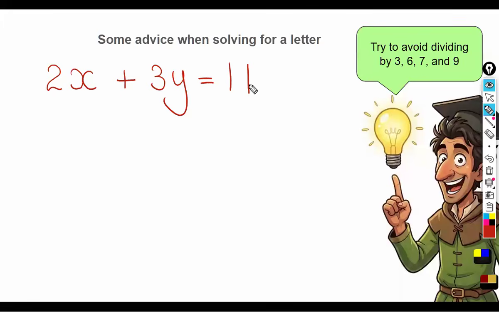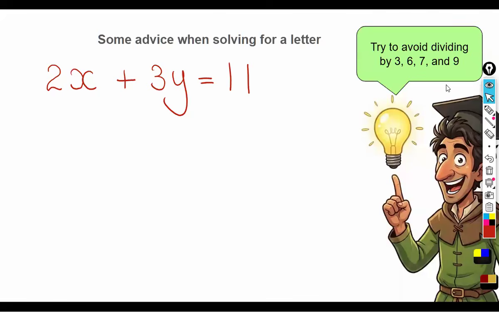It's just a simple linear equation. It has two letters in it, x and y, and they're both added and equal to 11. I just want to show you something real simple. I'll call it life-saving advice.